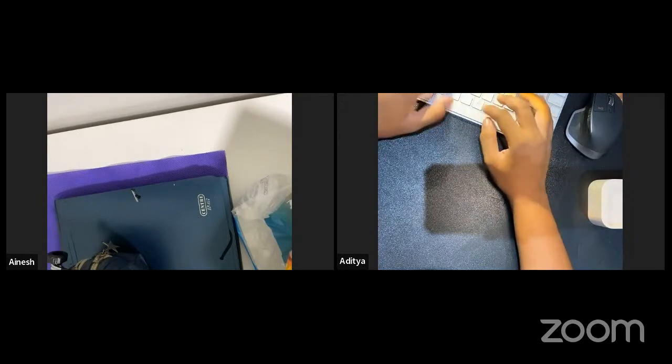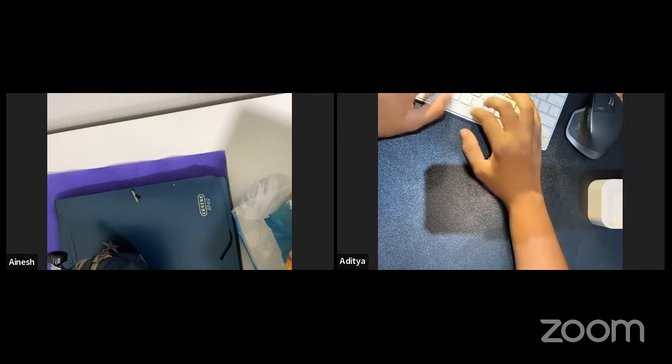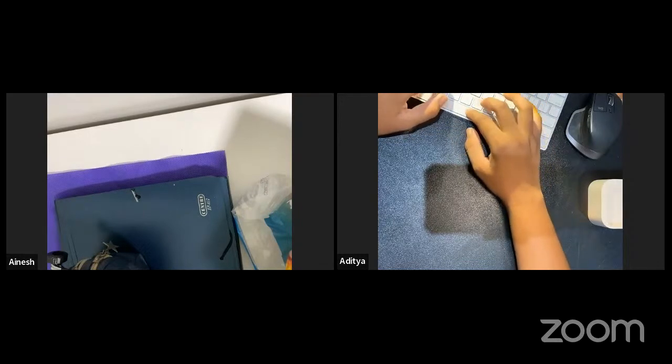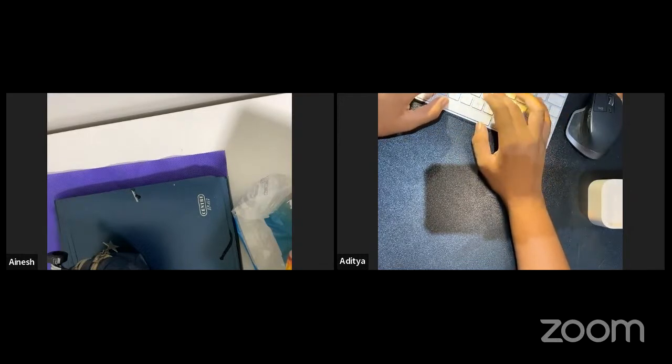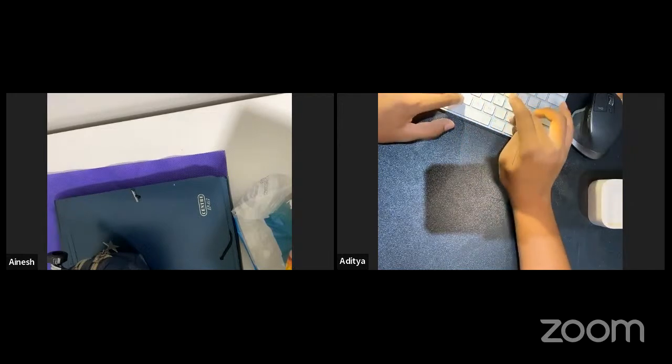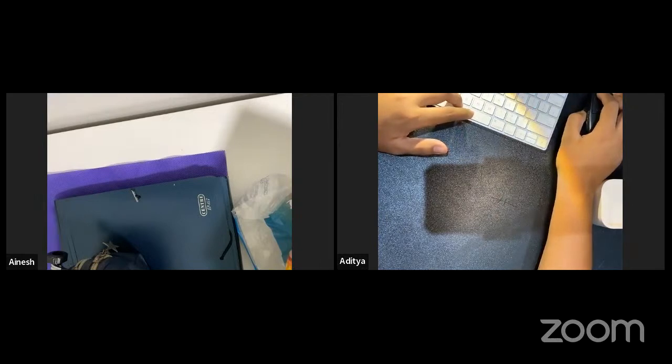Okay, sure, that works. Okay, I will change my text color into blue. Should I use blue? I'll use red. For the future, my font color will be red. Would that be okay, Ainesh? Everybody will be red. Okay. Let's make it clear.